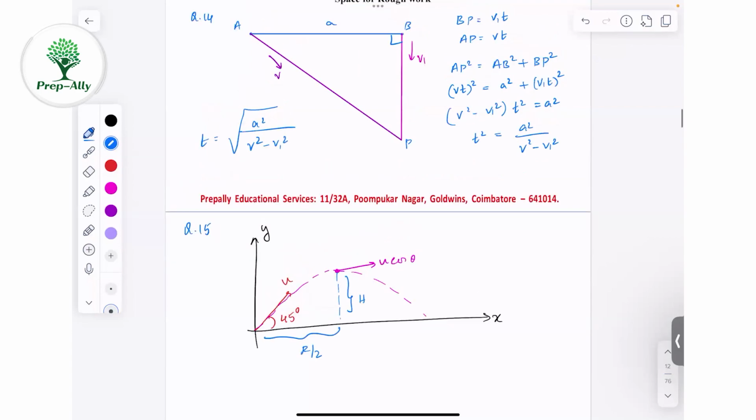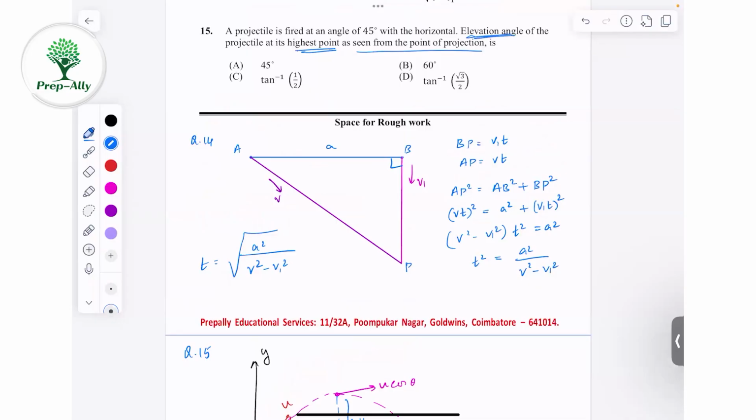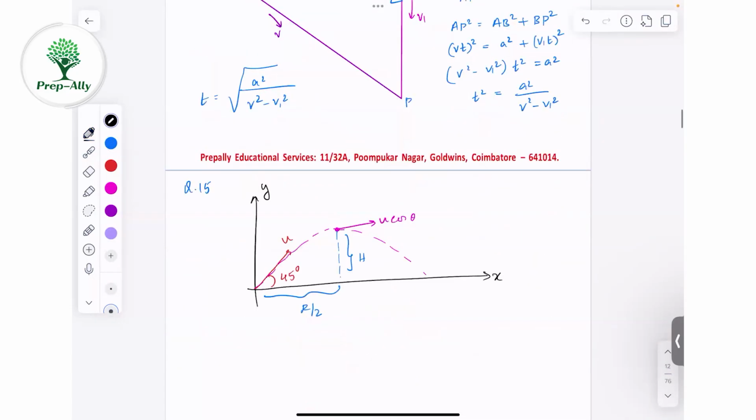Now the question asks us what is the elevation angle. So the elevation angle from this point of projection to the maximum height, this line. So we need to figure out this angle alpha.